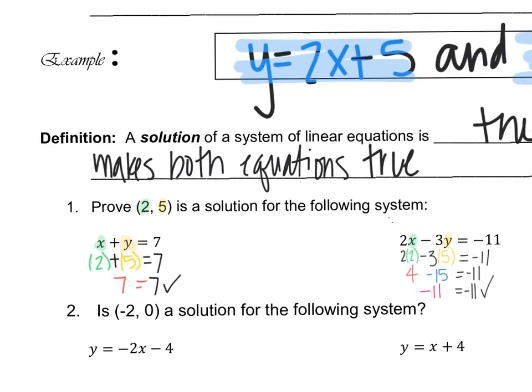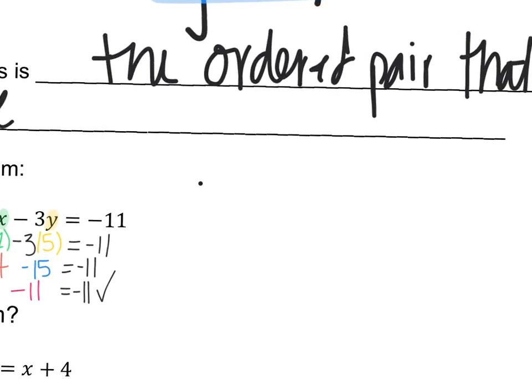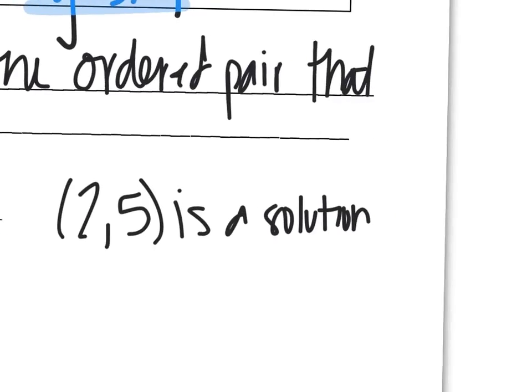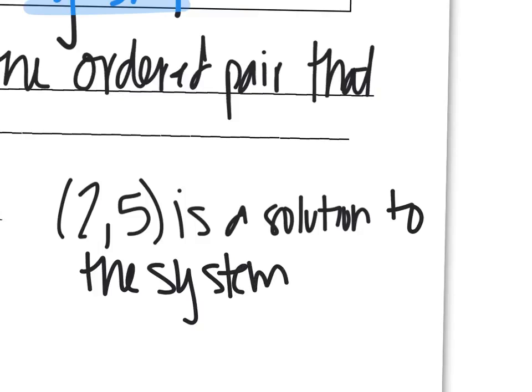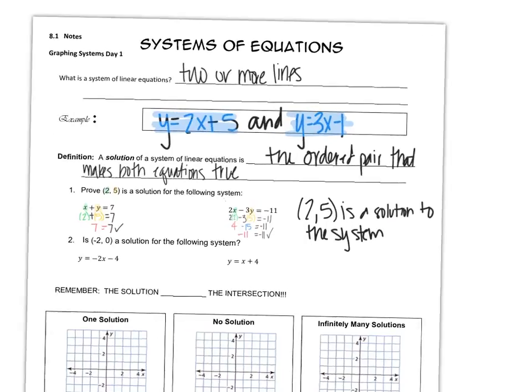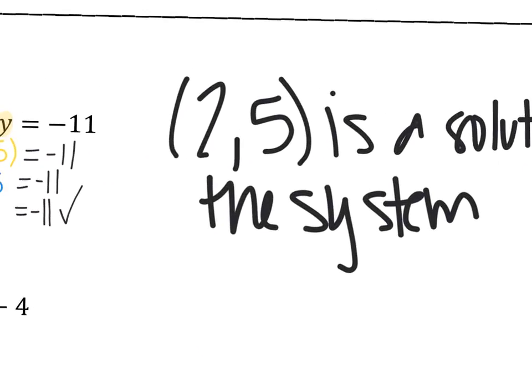So because it worked for both of them and not just one equation, we know that the ordered pair (2, 5) is a solution to the system. So a system, remember, is where it has two or more equations. So it's a solution to the system x plus y equals 7, and 2x minus 3y equals negative 11.